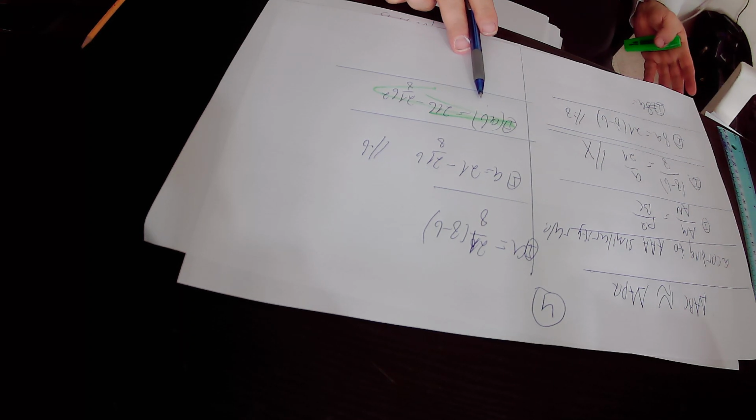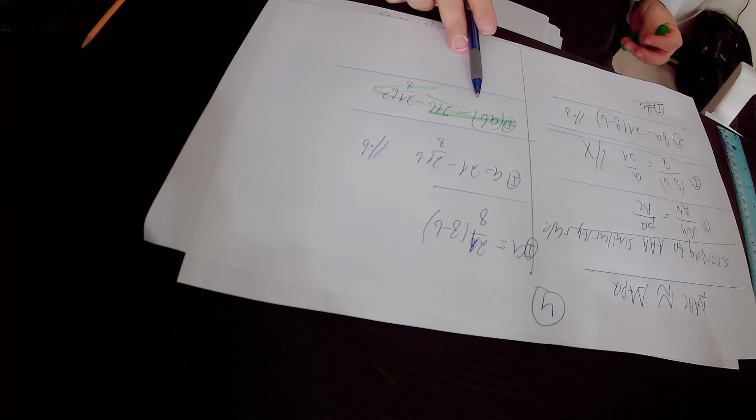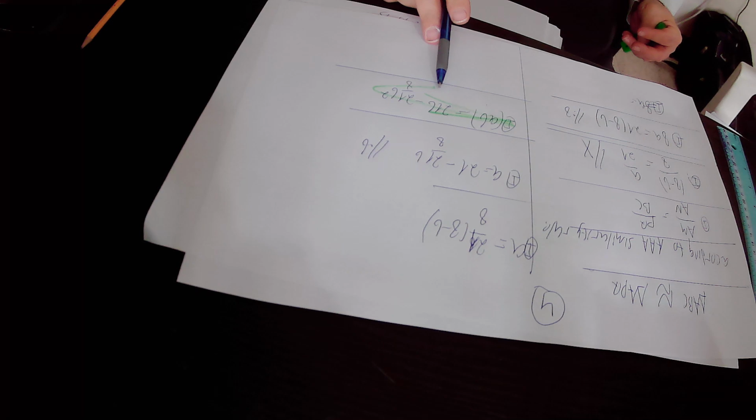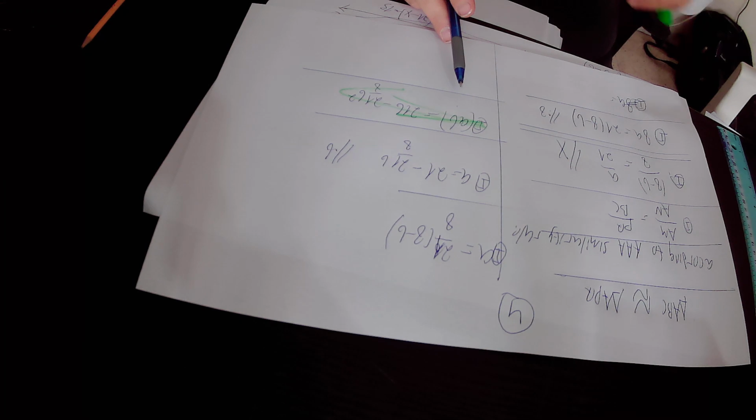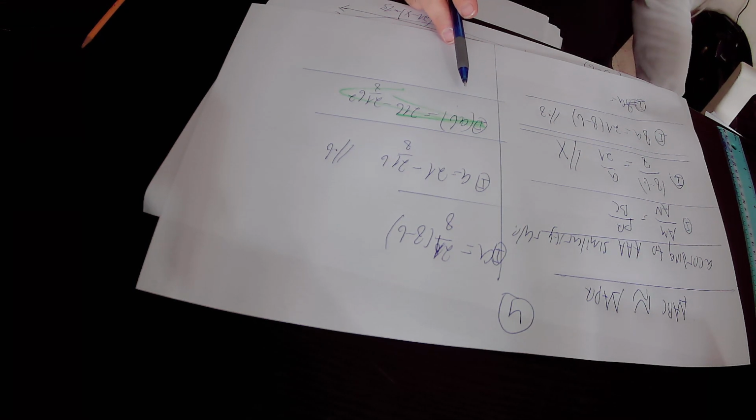So for which B, that is the width of this rectangle PQST, for which B will the area AB be at its maximum value.